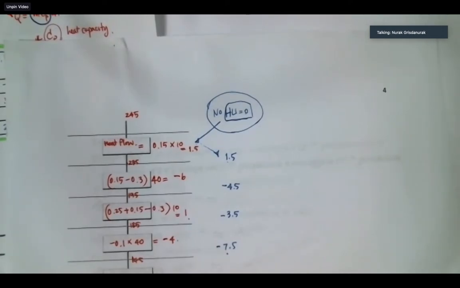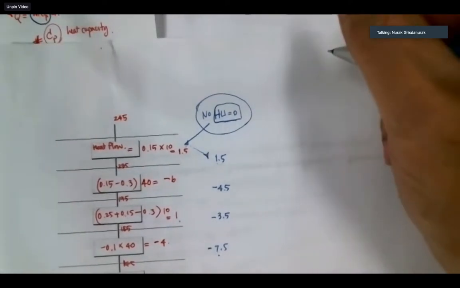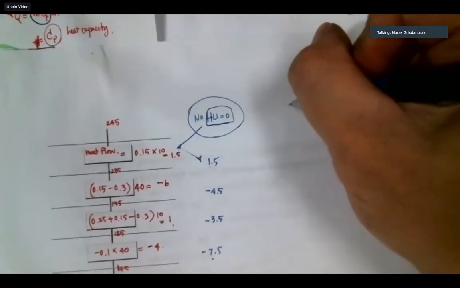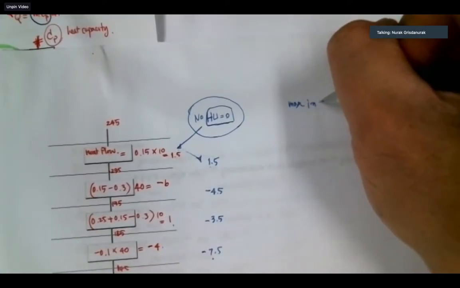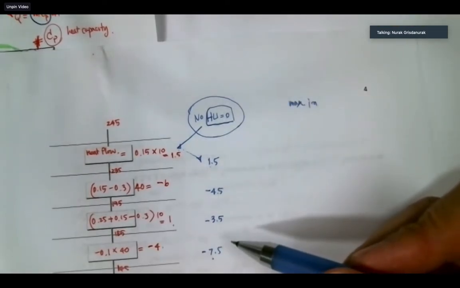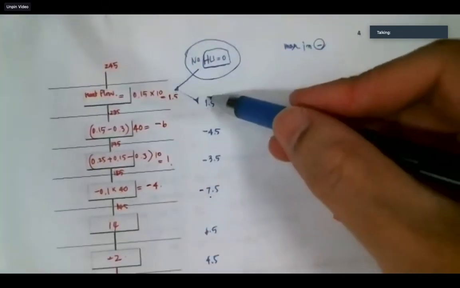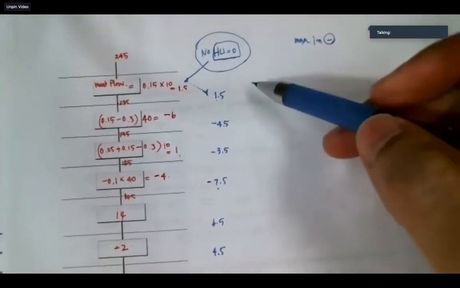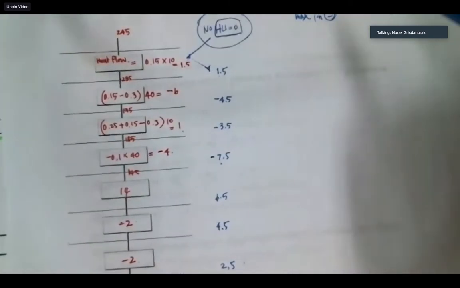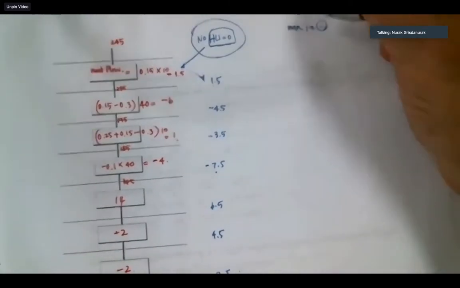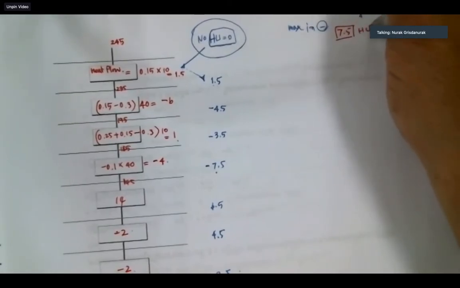ทีนี้ให้ทำอะไรต่อ In case that there is no hot utility ระบบเป็นไปได้ไหม impossible. You have hot utility, how much you need? You just use the maximum value in the negative one. So which one? 7.5, right, the maximum, so I use 7.5 right here as the hot utility.